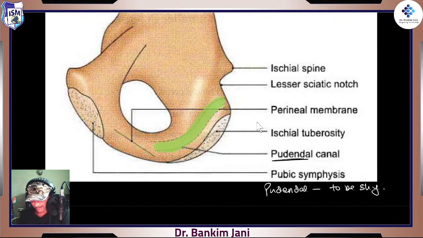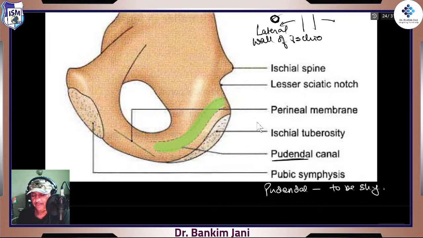So that pudendal canal is in the ischioanal fossa, right? Ischium and anal, so that's on both sides. There is an ischioanal fossa, and in its lateral wall is where the pudendal canal is.